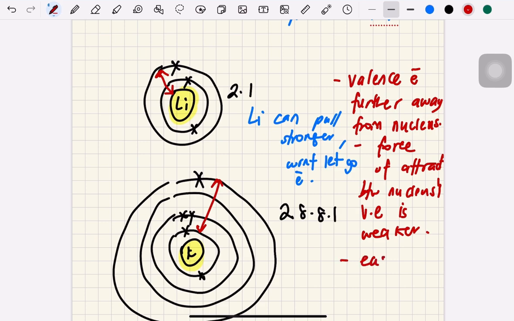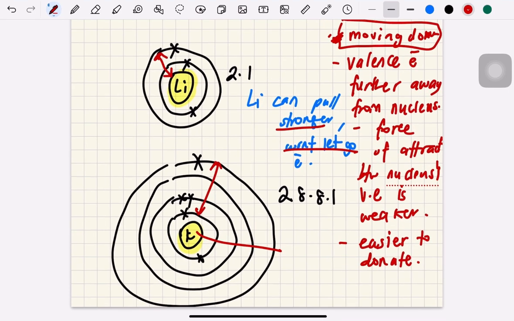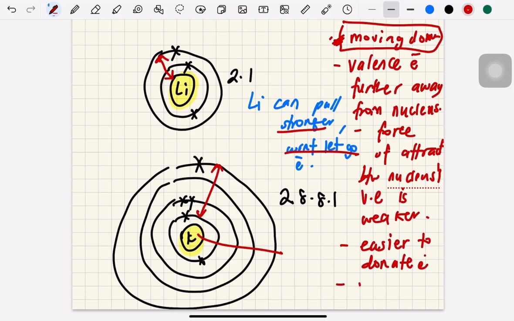Okay, so it means easier to let go of electron, if potassium, going down. So lithium is stronger and doesn't want to let go. Potassium, easier to let go because the force is not as strong. So easier to donate electron. Moving down the group, this is the trend. Okay, donate electron, so more reactive.